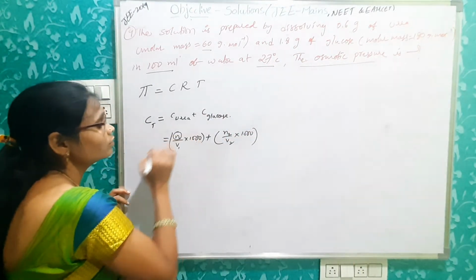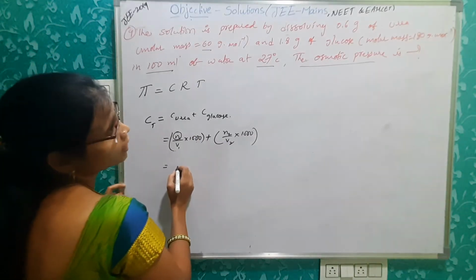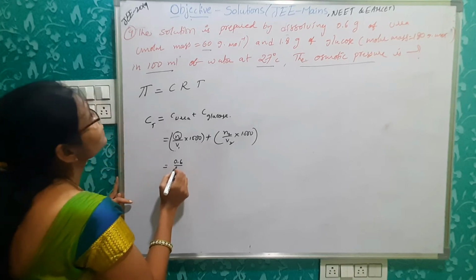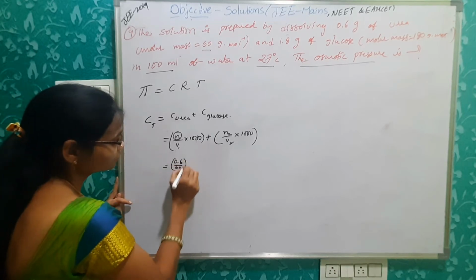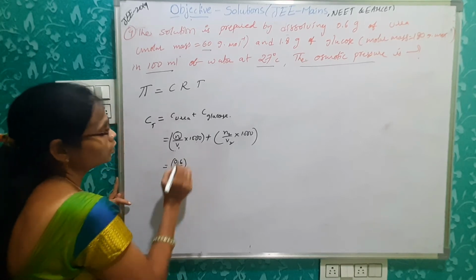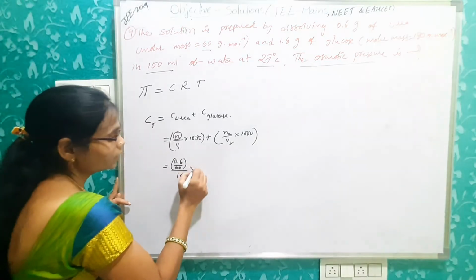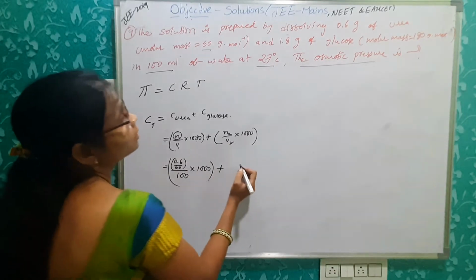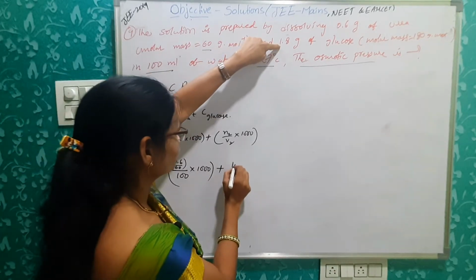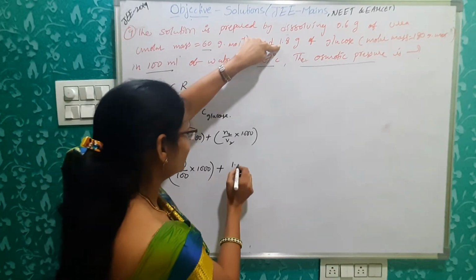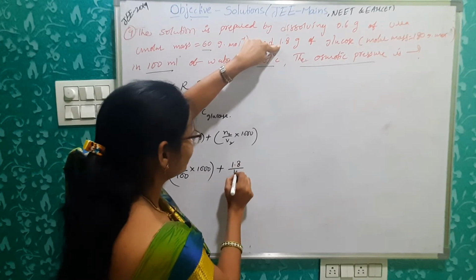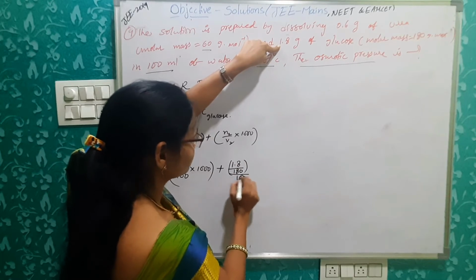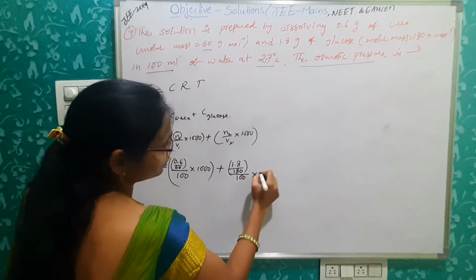Simply, instead of N1, urea weight 0.6 by molecular weight 60, with volume 100 ml into 1000, plus here the number of moles of glucose means 1.8 weight by gram molecular weight 180, by the same again, 100 ml into 1000.